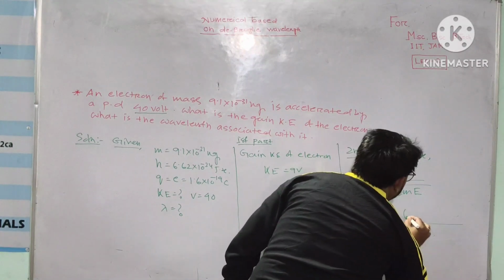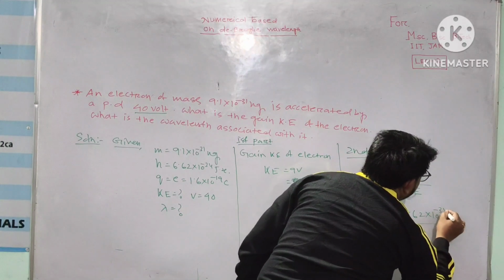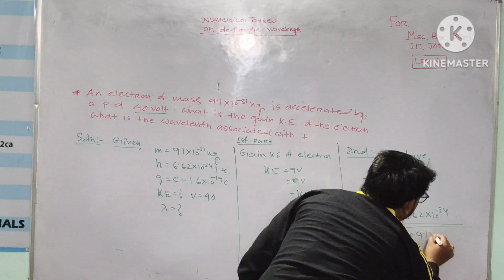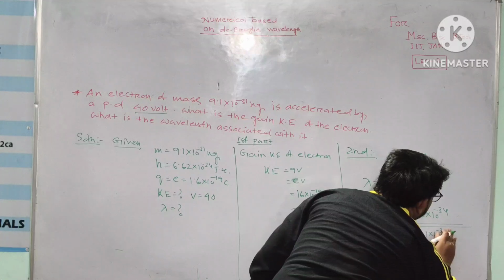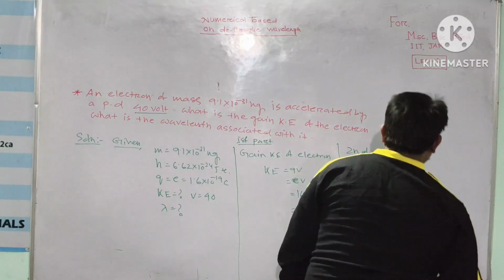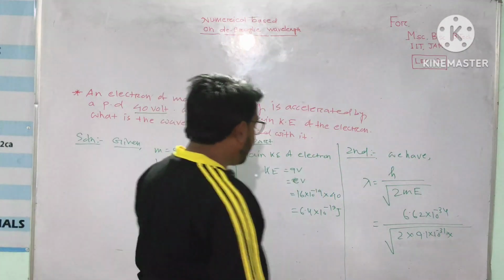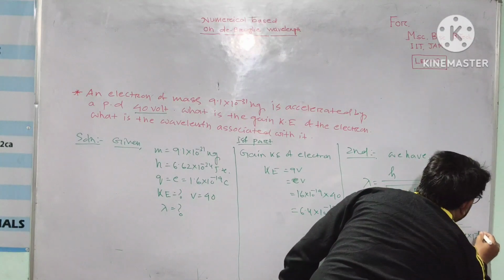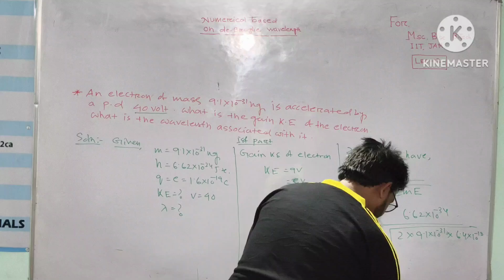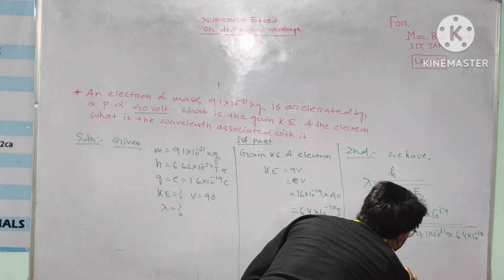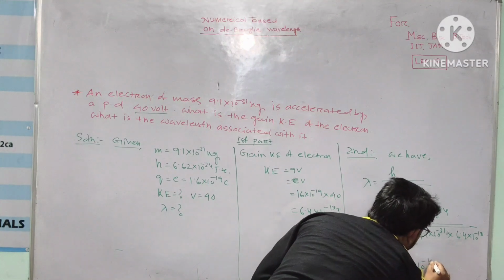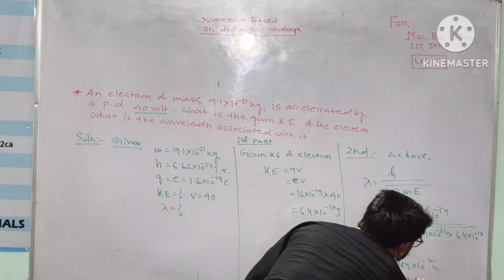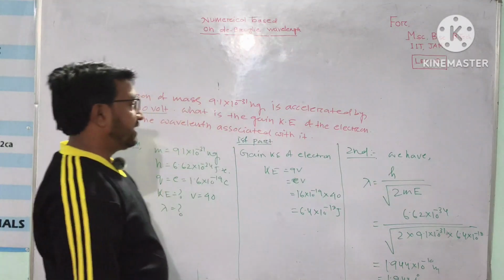So the value of h equals 6.62 into 10 to the power minus 34, and 2 into mass of electron 9.1 into 10 to the power minus 31 into kinetic energy, which is 6.4 into 10 to the power minus 18. After solving this part, we will get 1.944 into 10 to the power minus 10 meter, and this is equal to 1.944 angstrom, because we know that 1 angstrom equals 10 to the power minus 10 meter.